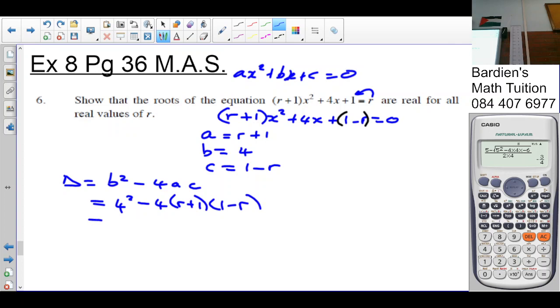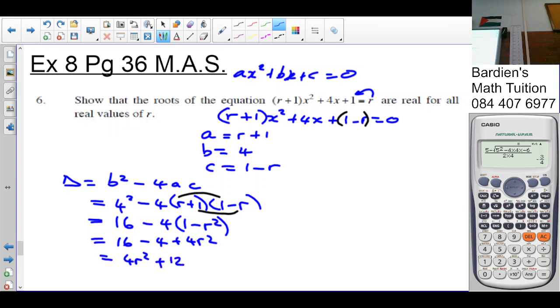From here it's a matter of simplifying, so it's going to be 16 minus 4 times, it's a conjugate pair, I can multiply the first and the last. I swap that, r plus 1, 1 plus r is the same thing, so it's 1 minus r squared. Multiply that out, I get 16 minus 4 plus 4r squared, which simply gives us 4r squared plus 12.